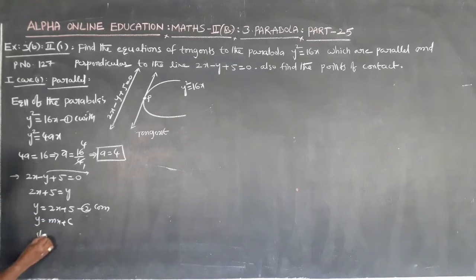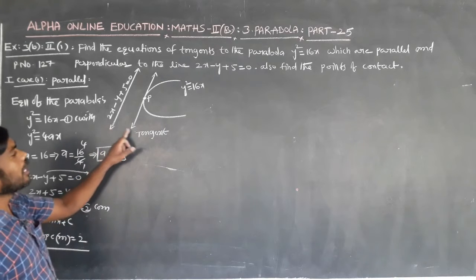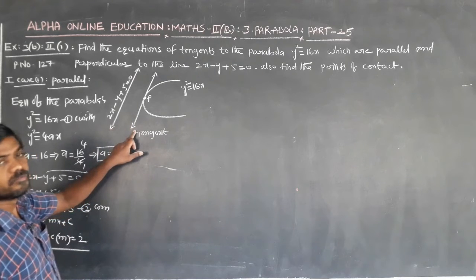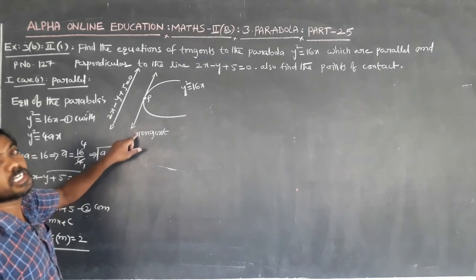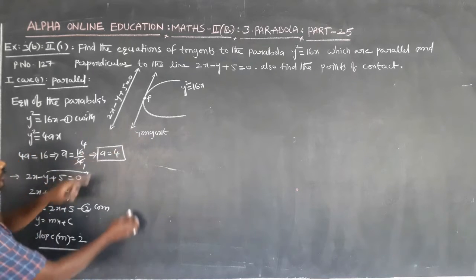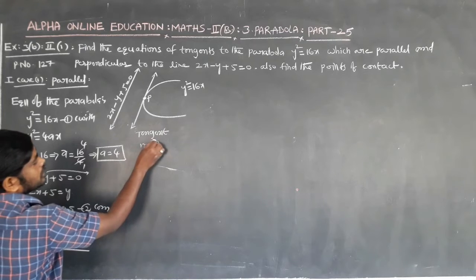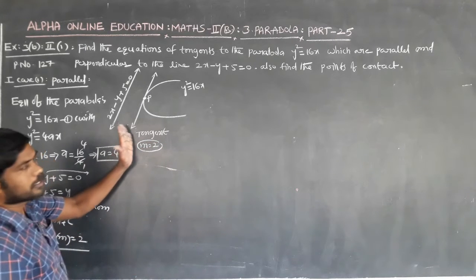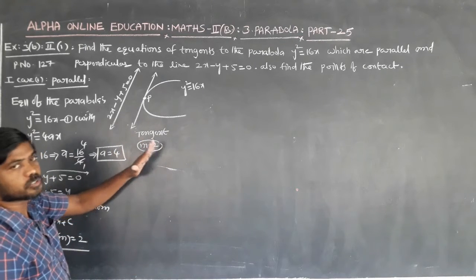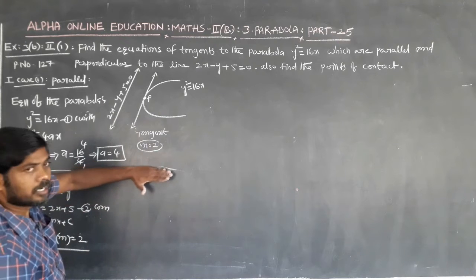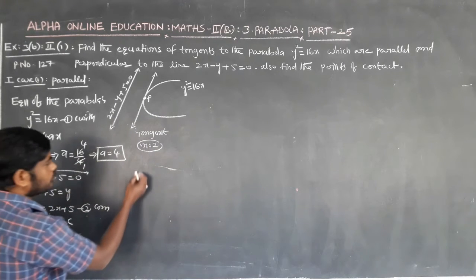Here slope m is equal to 2. If two lines are parallel, then their slopes are equal. Here the slope of the tangent is 2.